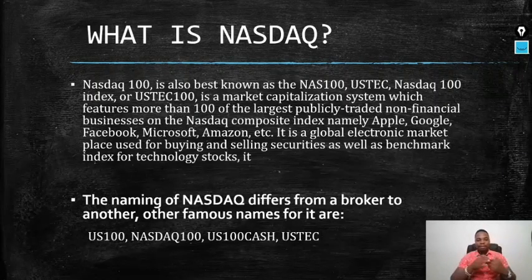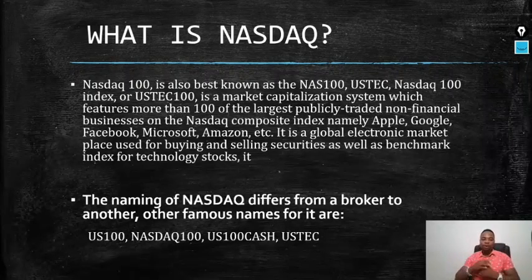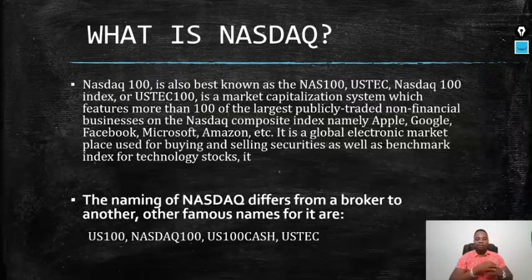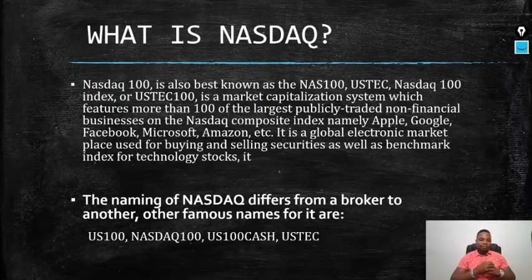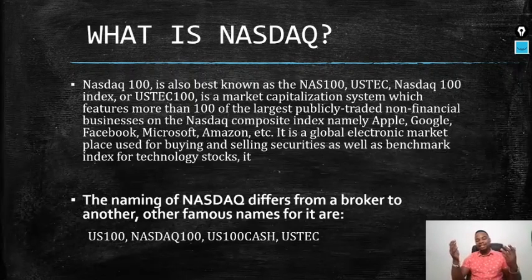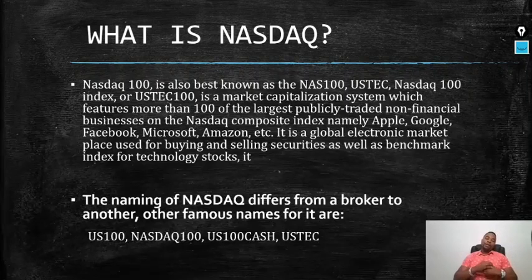It is the market capitalization system which features more than hundreds of the largest publicly traded non-financial businesses on the NASDAQ Composite Index, namely Apple, Google, Facebook, Microsoft, and Amazon. It is a global electronic marketplace that is used for buying and selling of securities, as well as the benchmark index for technology stocks. So that is actually the definition of NASDAQ.